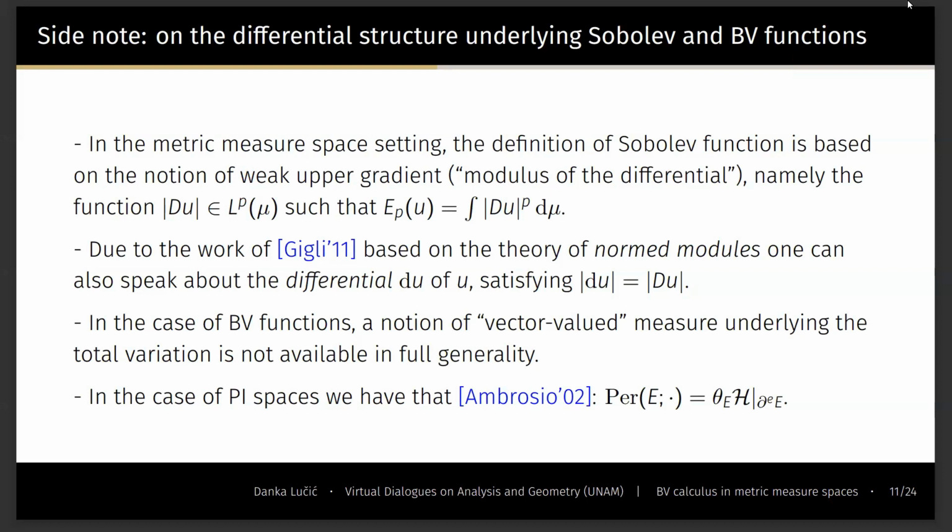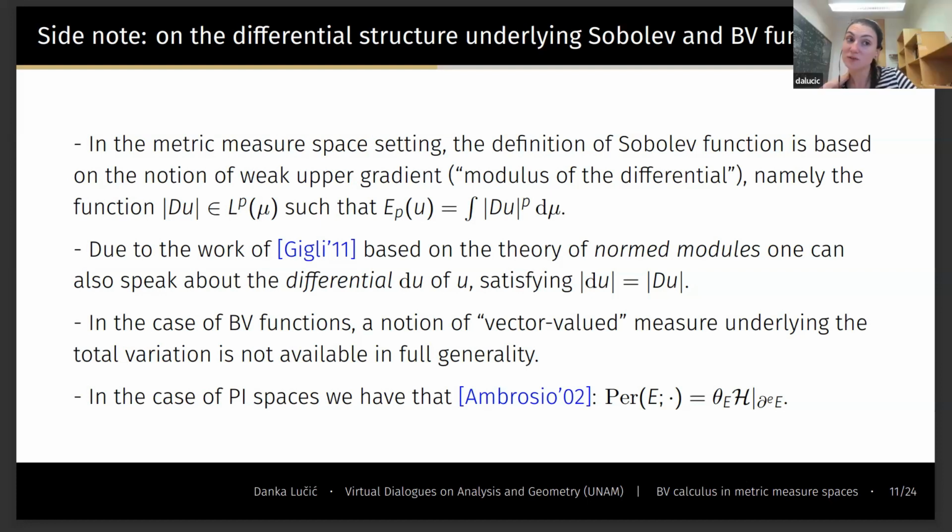I see. For currents, there is this multiplicity that is an integer multiplicity, and then one has to multiply the Hausdorff measure by something that tells you what happens with the tangent space. So my question was if this was related to the tangent space.